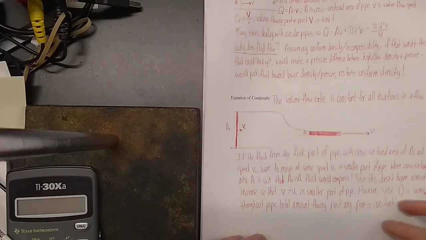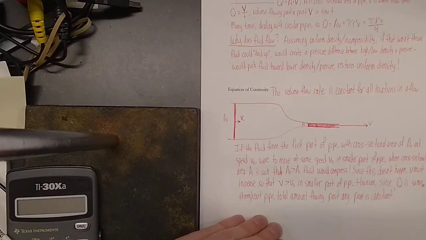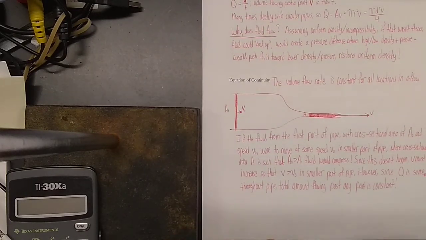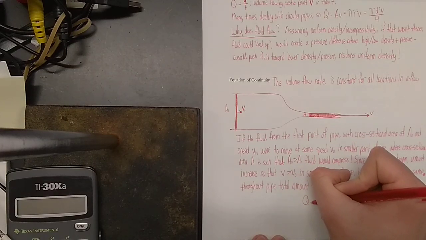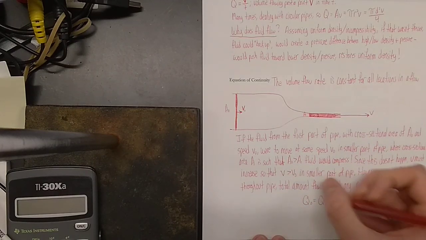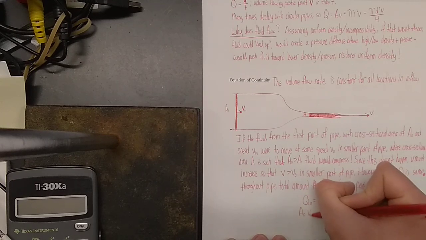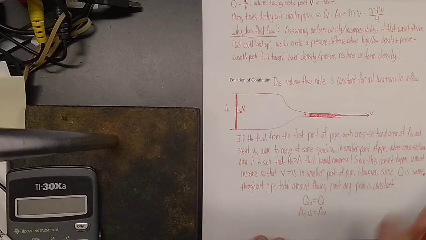And if we want to say that mathematically, we would do that like this. Q naught equals Q, A naught V naught equals AV.